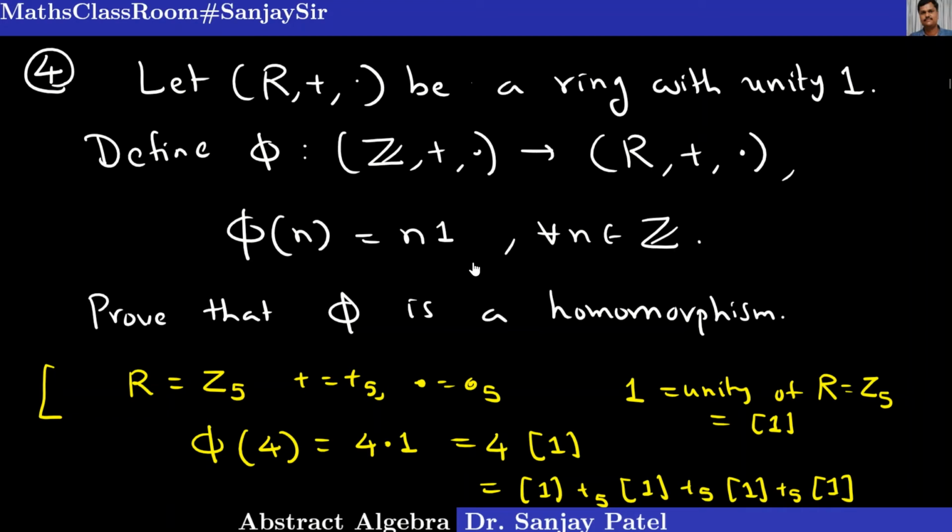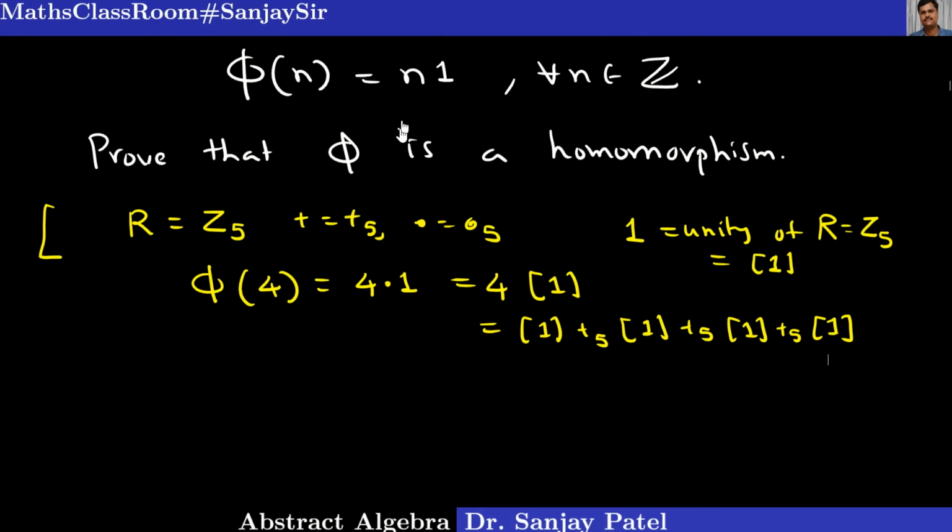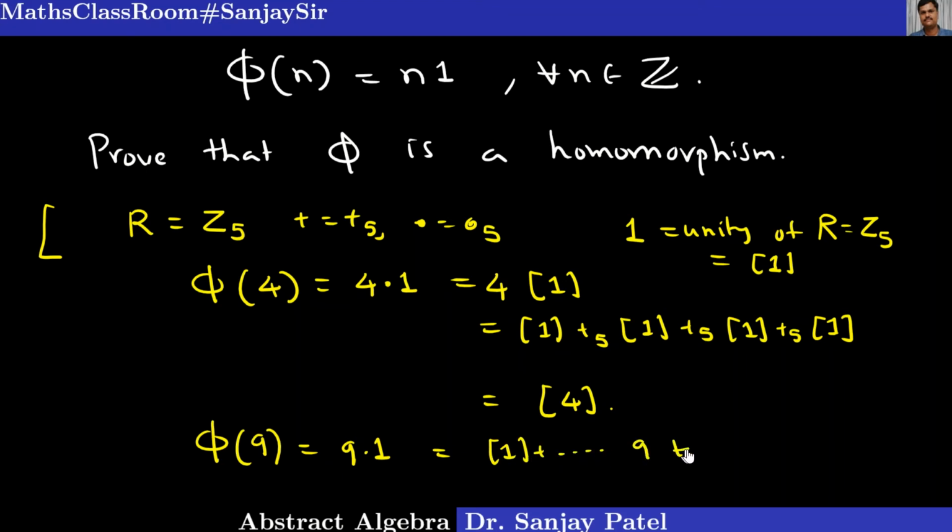So n into 1 means the unity 1 of the codomain ring is added n times. So this gives you 1 plus 1 plus 1 plus 1, 4 times, so it is 4. So phi of 4 is 4. But if I take some other element, say phi of 9, what I will get is 9 times 1, and 9 times 1 means 1 plus 1 plus 1, 9 times.